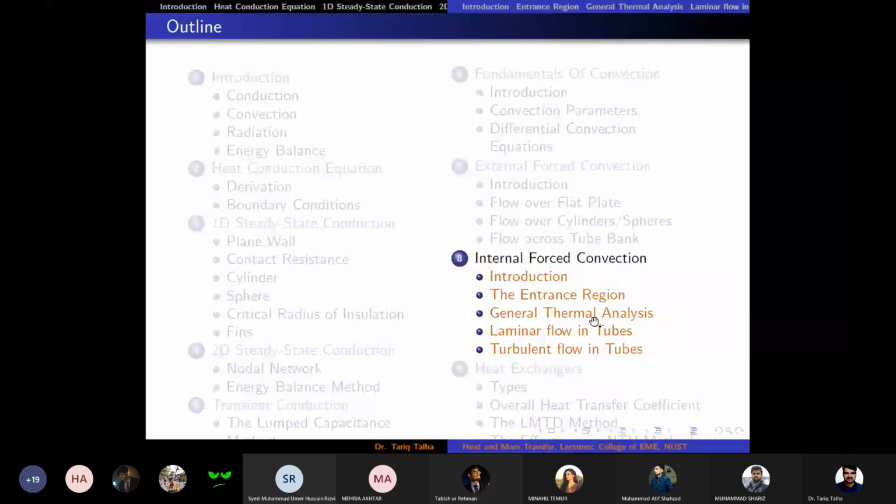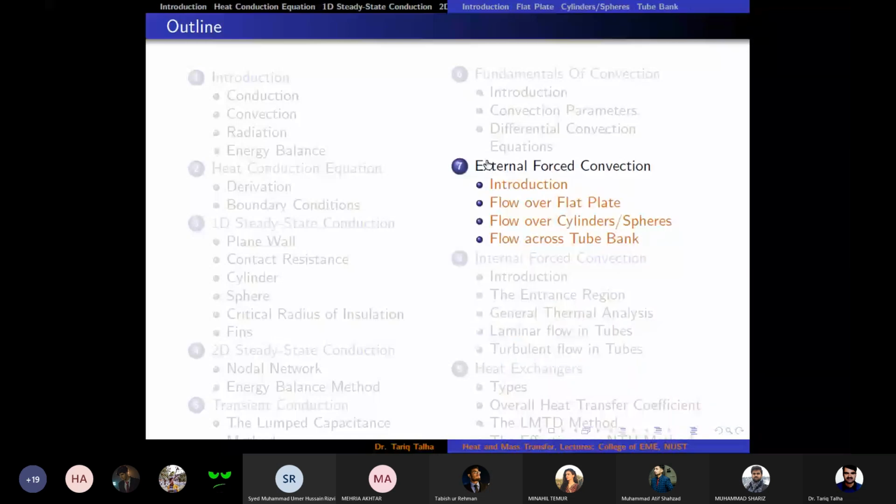In that case, how do we calculate the heat transfer and H value? I think the quiz chapter is chapter number 7.